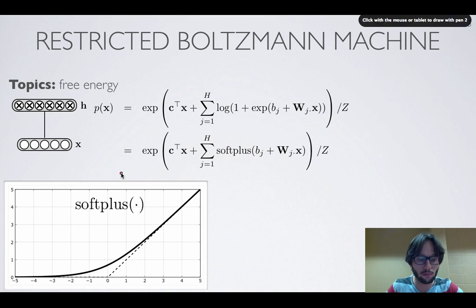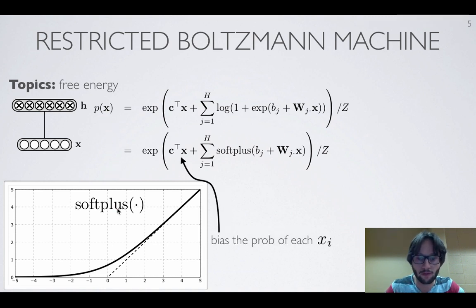Okay, so now what can we do to make p of x big? Well, we need that term to be big. So if the input vector x is well aligned with the bias vector c, that is, if the elements of x are positive when the associated terms in the c vector are positive, and 0 when they're negative, then this can become big.